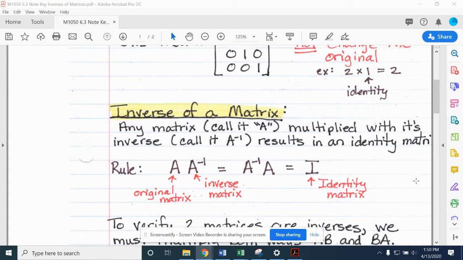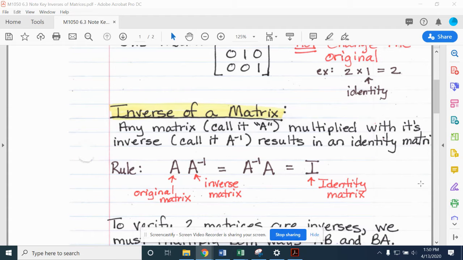We take our original matrix, multiply it with its inverse matrix, or vice versa, inverse matrix first and then the matrix, and you will get the identity matrix.